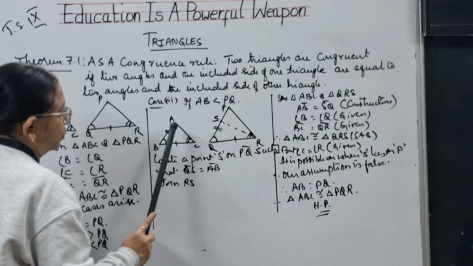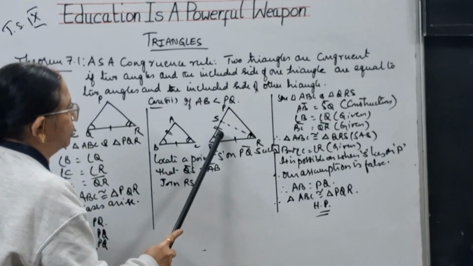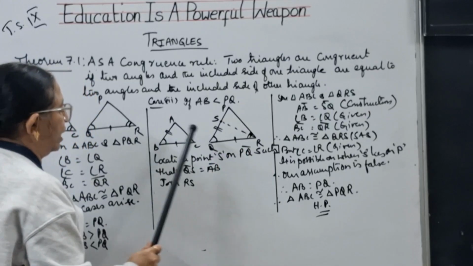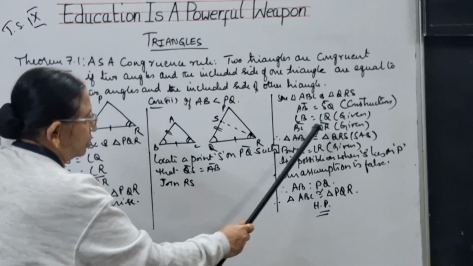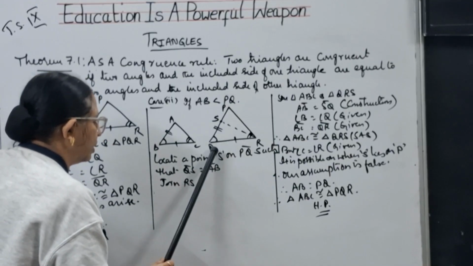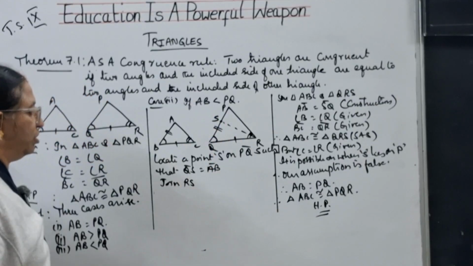Now, in these two triangles, triangle ABC and triangle QRS, AB is equal to QS, we have done by construction. Angle B is equal to angle Q, it is given to us. BC is equal to QR also is given to us. Therefore, triangle ABC is congruent to triangle QRS basing on the side, angle, side axiom.